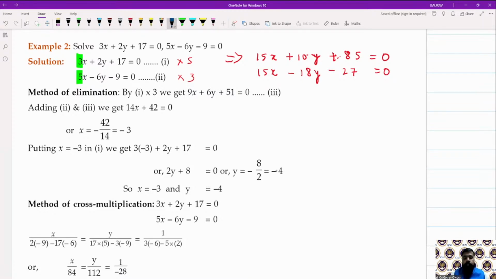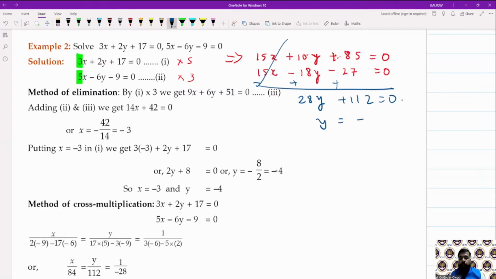Then we can subtract them, change the sign. Signs getting changed, so 15x minus 15x will be cancelled. So what is left? 28y and then 85 plus 27. It will be 112, and then equal to 0.